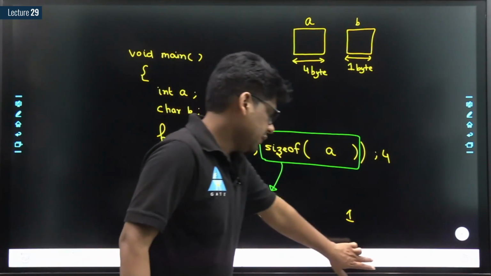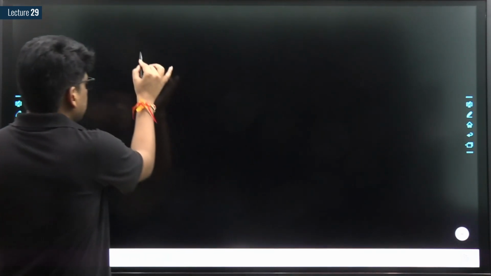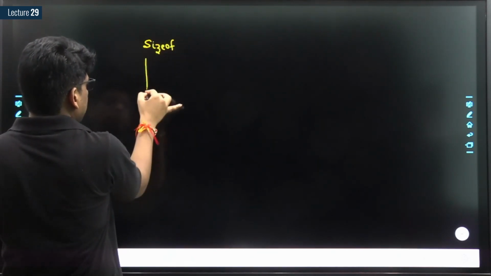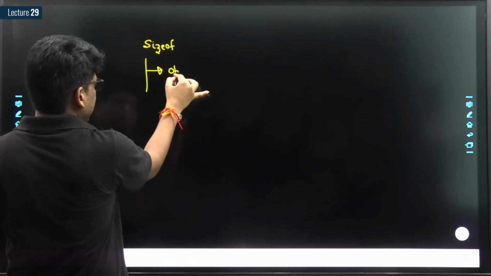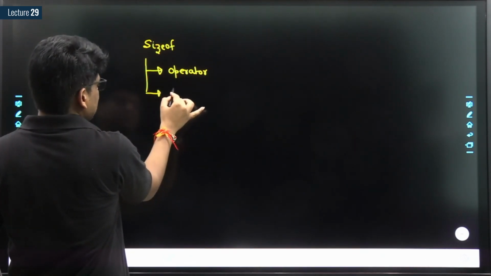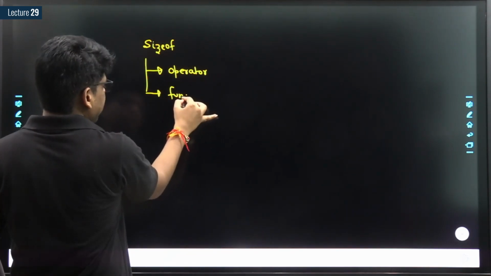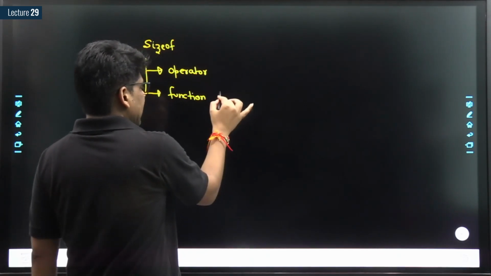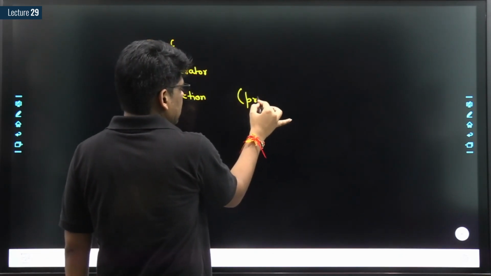First thing, sir. Let me again repeat everything for you. Sizeof, sir, is an operator. And the good thing, sir, it is also a predefined function. It is a standard predefined function, just like printf, just like scanf.